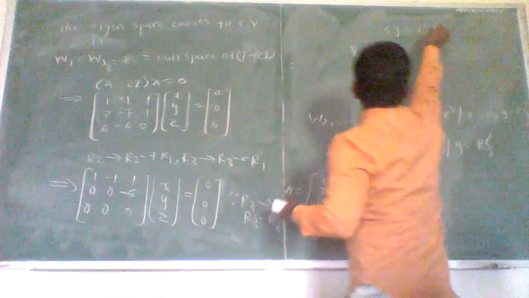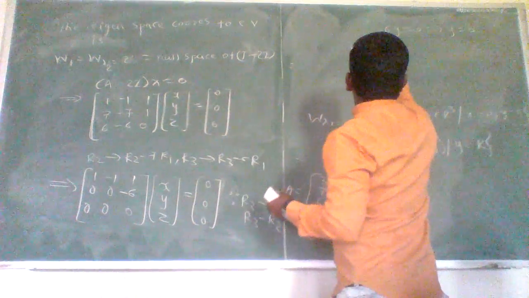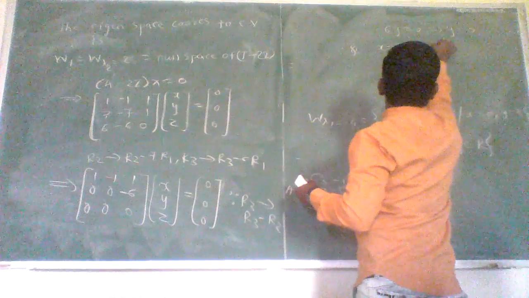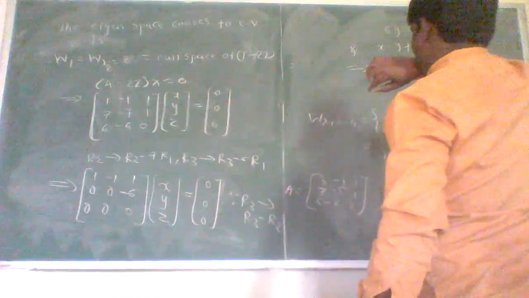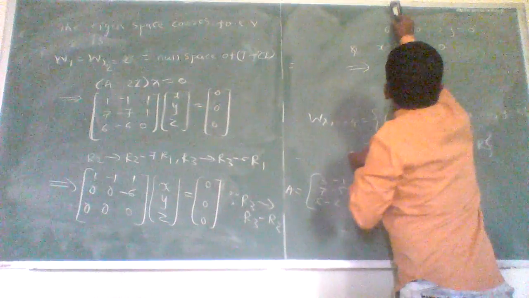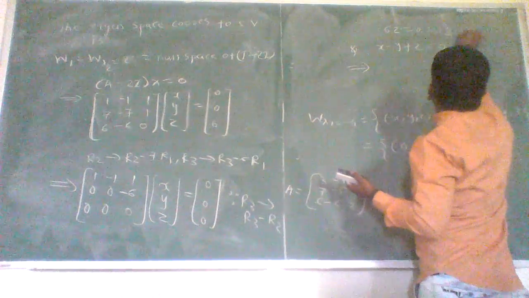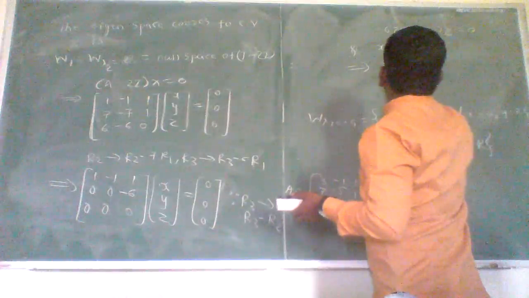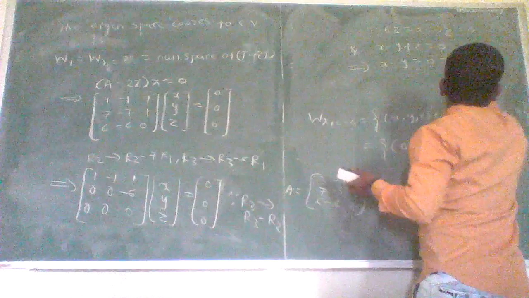And as minus 6y equal to 0, which implies y is always equal to 0, and x minus y plus z is equal to 0. Here minus 6z is equal to 0, which implies z equal to 0. As z equal to 0, then x minus y is equal to 0, which implies x equal to y.